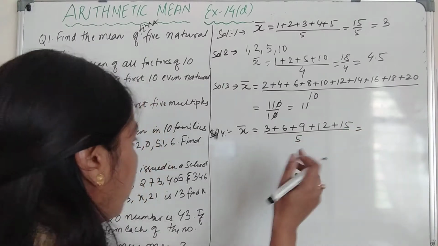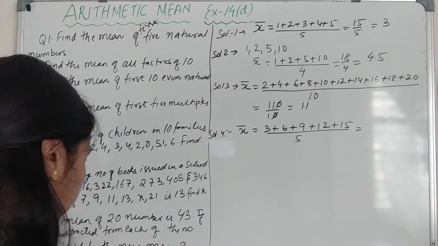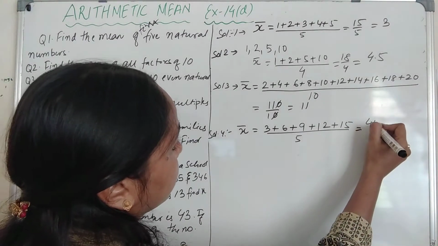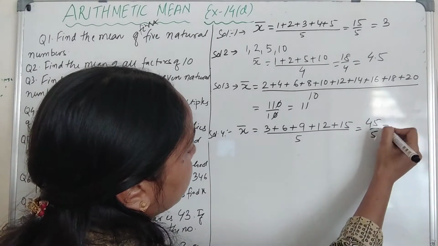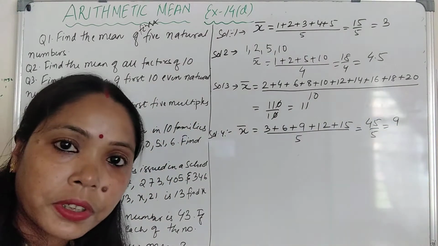So now you have to add this. After adding, you will get 45 and divided by 5. So the answer will be 9. 5 9s are 45.